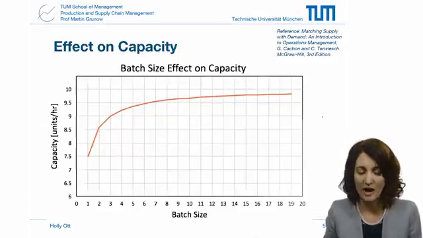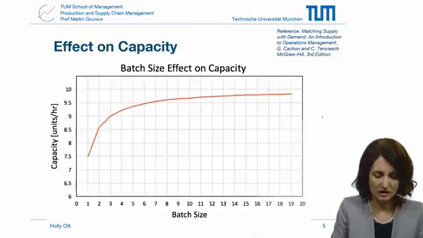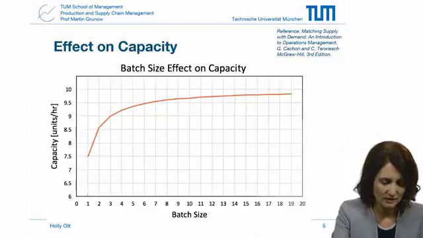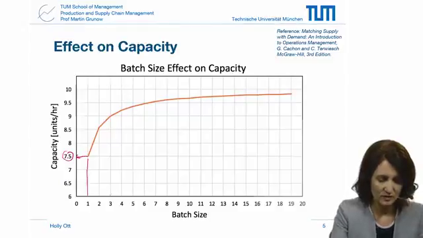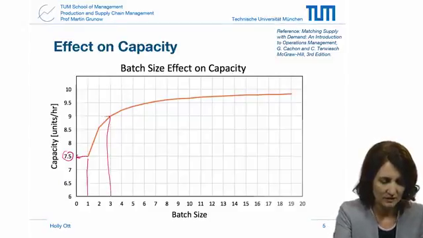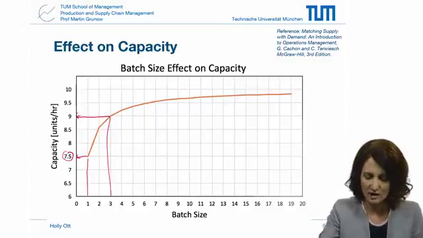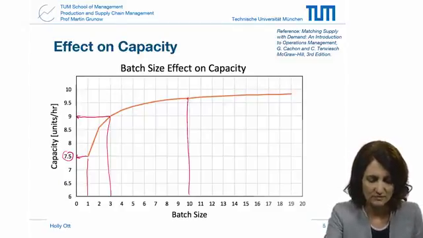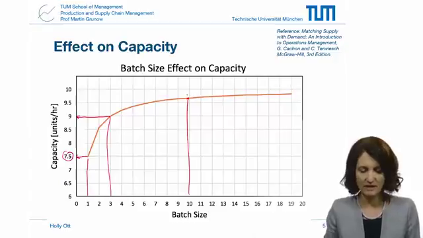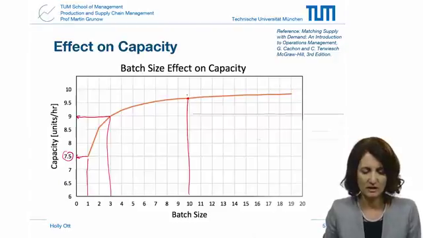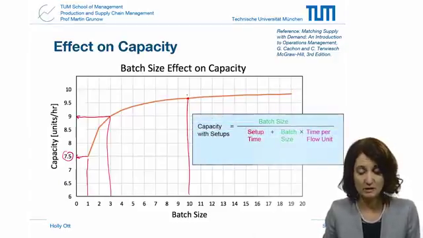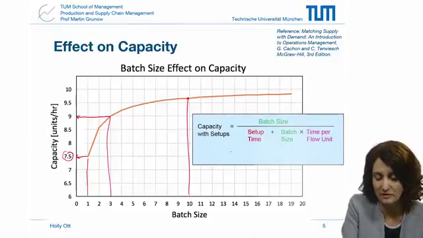You can look at a graph here of the same information. So don't forget, a batch size of 1 gave us a capacity of 7.5 units per hour. For 3, we had 9 units per hour. And then for 10, it was batch size over setup time plus batch size times time per flow unit.